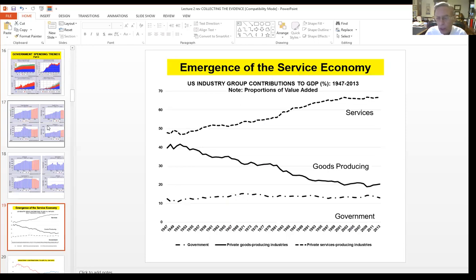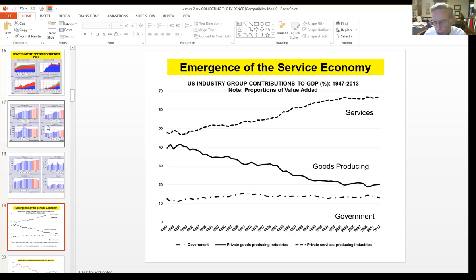We have the services sector, the goods producing sector, which is really the manufacturing sector, and the government sectors, and the proportions of the GDP represented by spending in those sectors. And what do we see? Over time, manufacturing dropped from about 37%, or call it 40, down in 2013 to about maybe 22%. That's a big drop, isn't it?